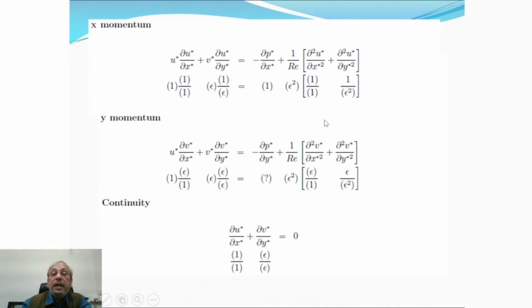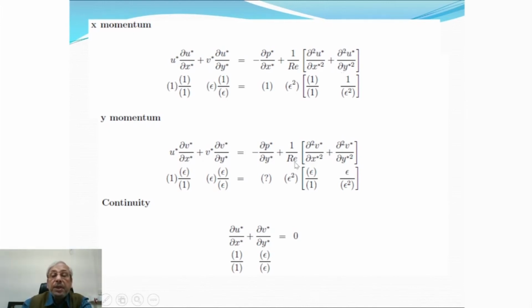And then this equation is balanced with order 1 on both sides, and the pressure gradient is commensurate with that order. So del P del X is also of the order of 1. So the x momentum equation has order 1.